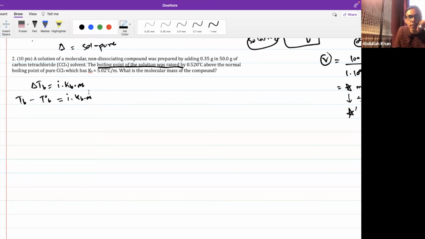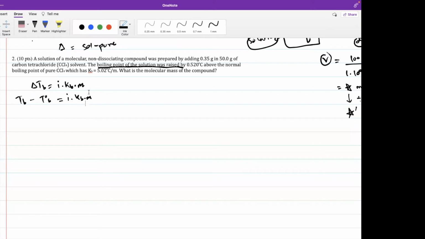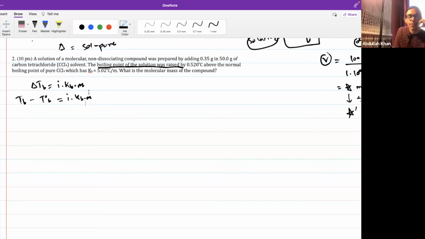What's TB here? 0.520. Okay, what would T naught B be? So if you say that this is 0.520, what is this?